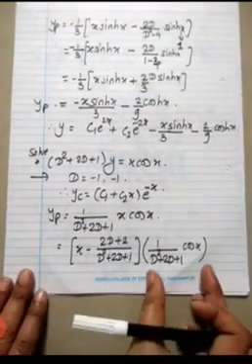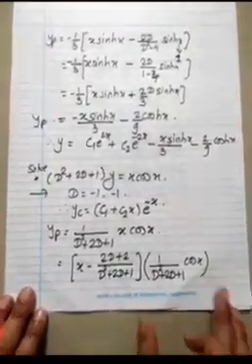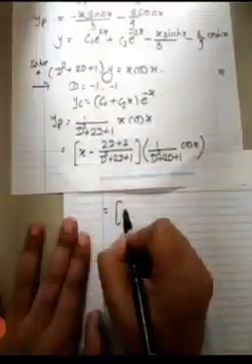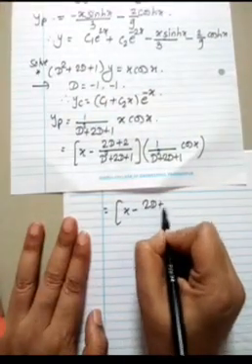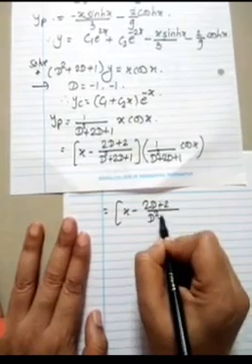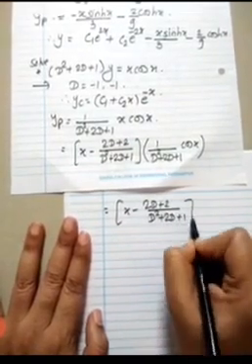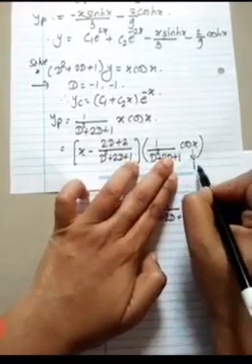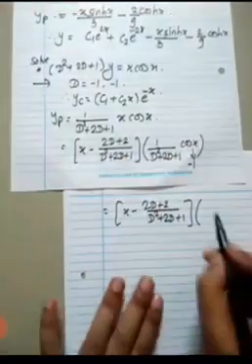Okay, we'll finish this bracket first. That is equal to x minus 2D plus 2 upon D square plus 2D plus 1 into cos x. Here the number is 1, square is 1 and negative sign.